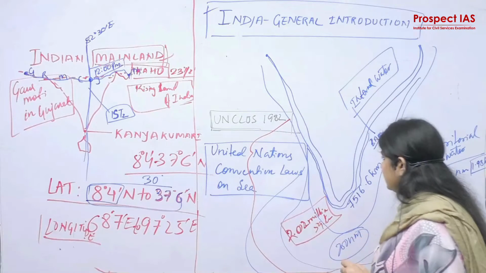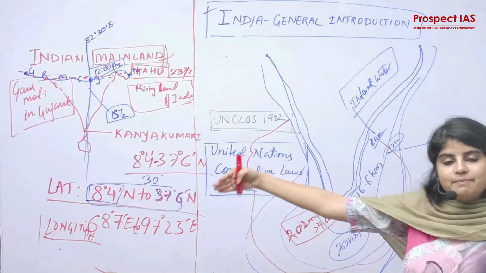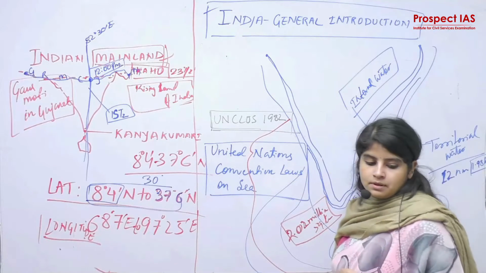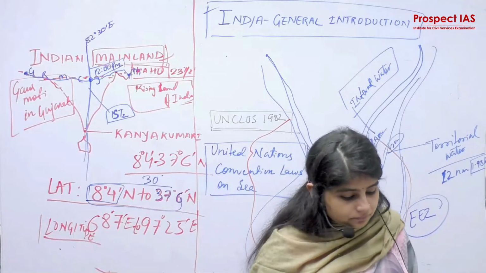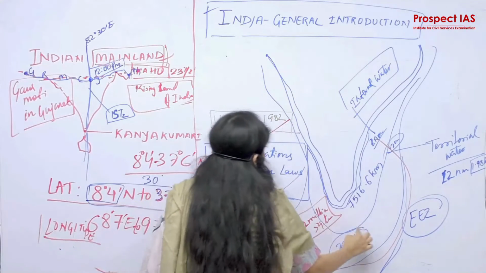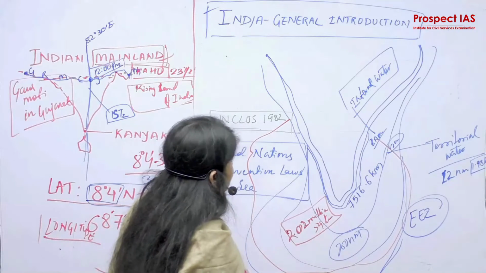It is vastly spread over, including the vast coastal line, including the vast coastal stretch.